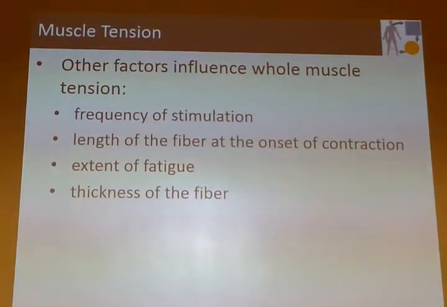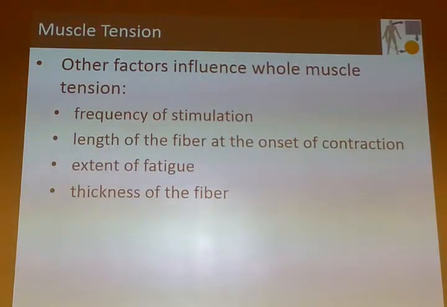So the number of cross bridges being formed will be less, and your power will drop off. If your muscle is already pre-shortened before the stimuli arrive, then you're running the risk of ramming myosin into the Z-disc and damaging your sarcomeres.